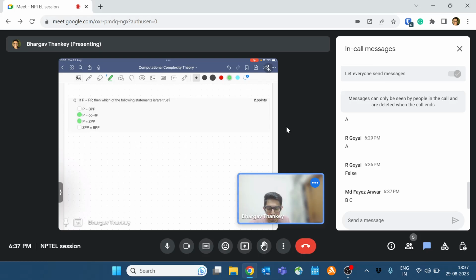First, why can't we say anything about A and D? Because we can say that RP contains P and BPP contains RP itself. So the class we are considering is entirely contained inside BPP.